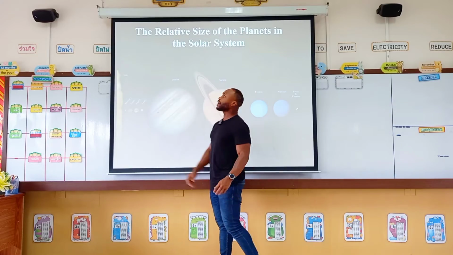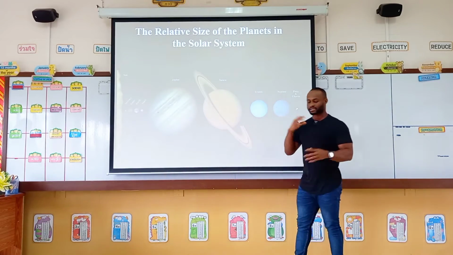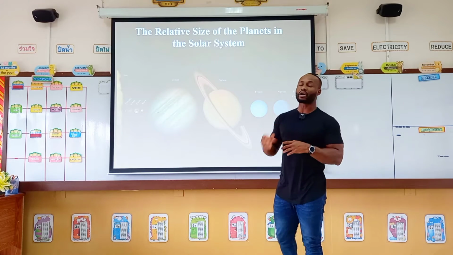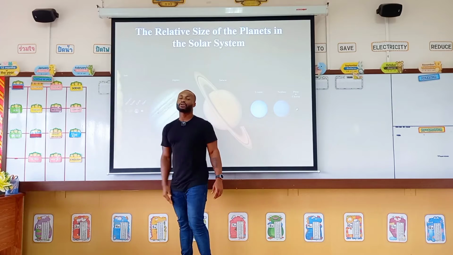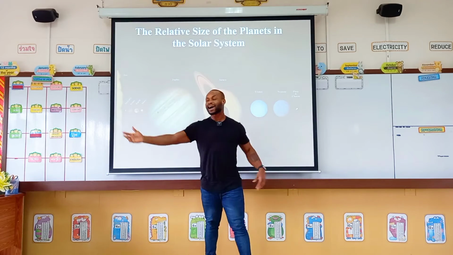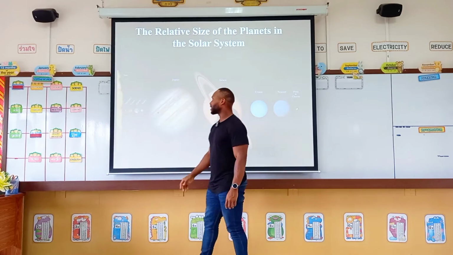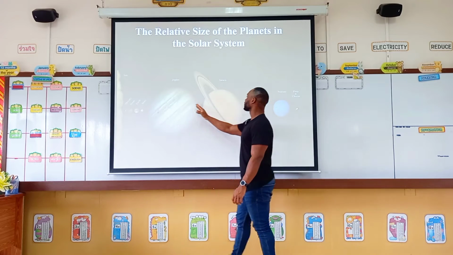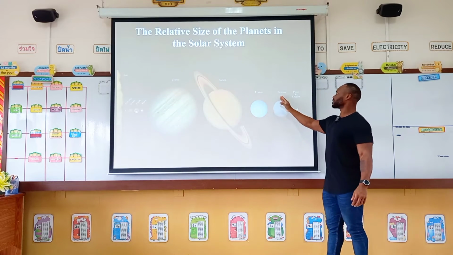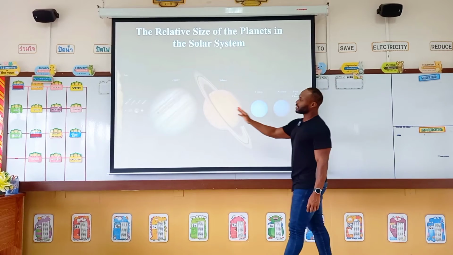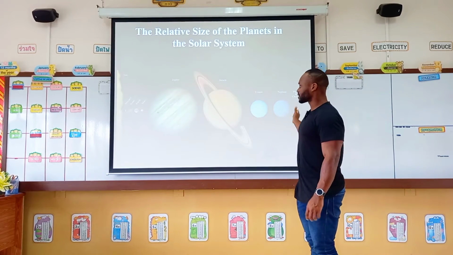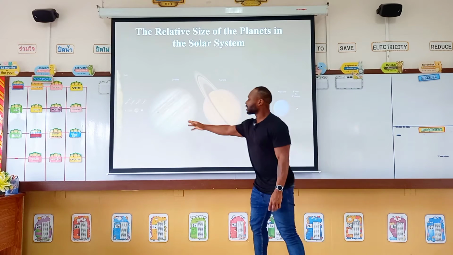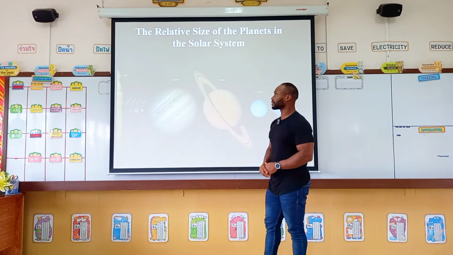So if I want to categorize these into inner planets and outer planets, I would say from this angle to the left side, right side is the what? Inner planets. And from Jupiter, Saturn, Uranus, Neptune, no Pluto anymore, right? This is categorized as outer planets. You can see the distance. They are a little bit further away from the sun.